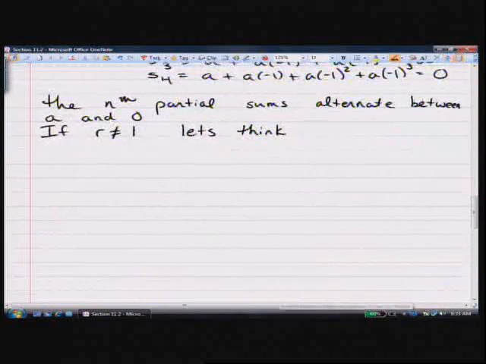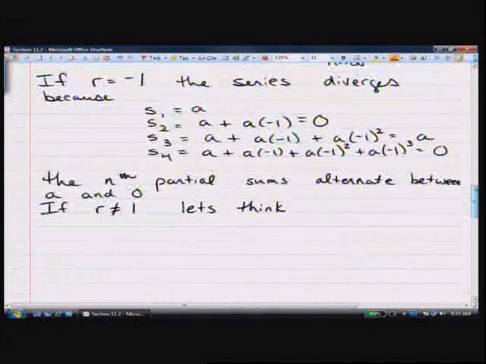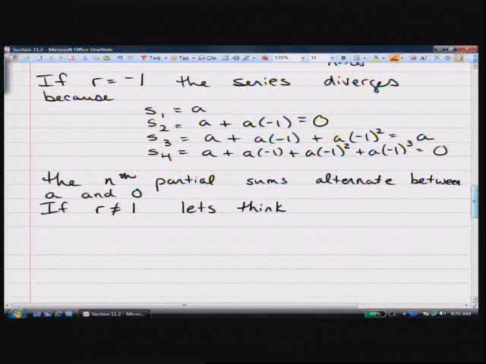If R were 5, you could probably argue to yourself that it's going to diverge, because you'd have A and then 5A and then A plus 5A plus 25A. It would just be growing without bound, and so the series would diverge.